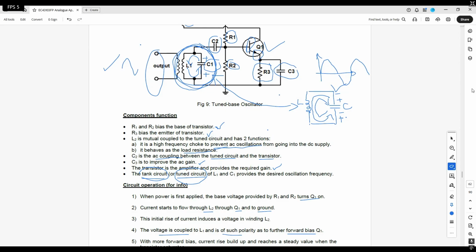Anyone need clarification or have a question for me? As I mentioned, the main action is the tank circuit, which is made up of the inductor and capacitor. So you can imagine the charging and discharging of the capacitor and polarity changes, and that's how you get the output of oscillation.